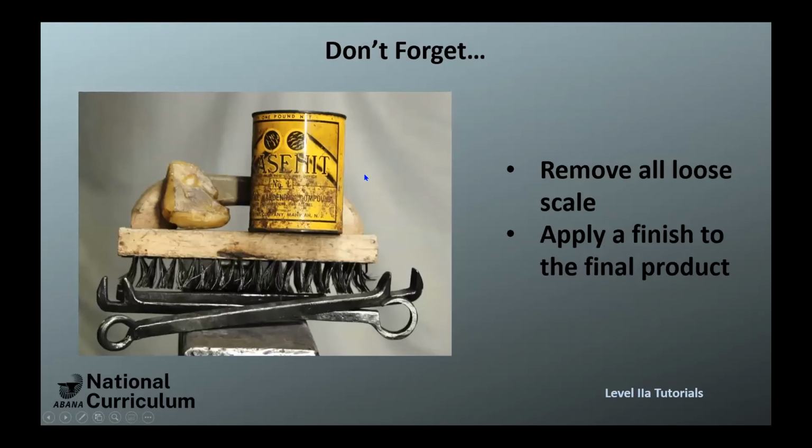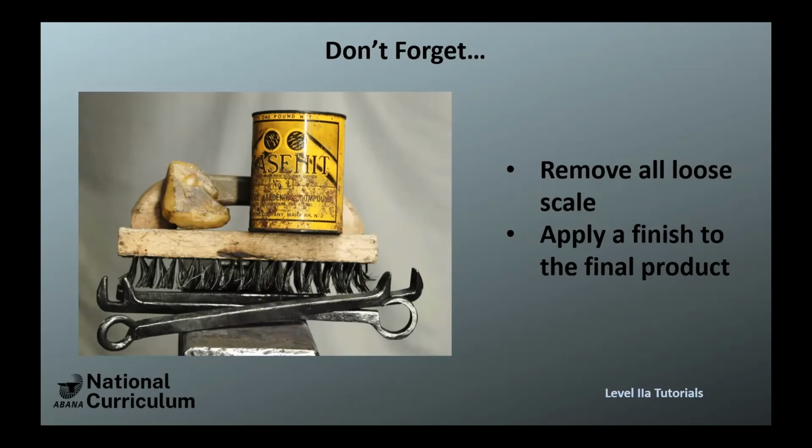So when you're done, don't forget, that's kind of another feature of the Banner program, to try to get people to have a nice fit and finish on all of their stuff, which means trying to remove all of your loose scale and then apply some sort of finish.